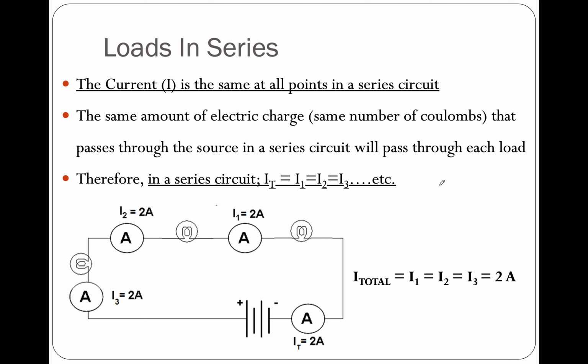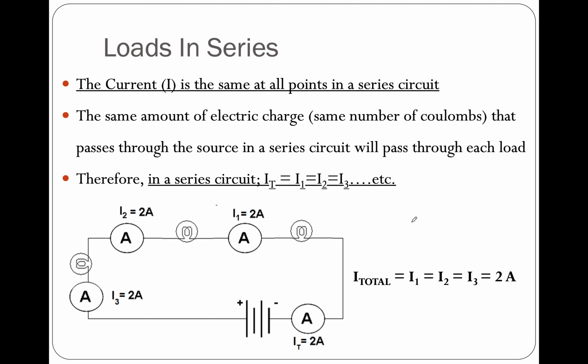Okay, a little review about the two of them. Let's talk about the relationship of current in a series circuit. We mentioned a little bit, we talked about what current was, we talked about how to calculate current with some examples.